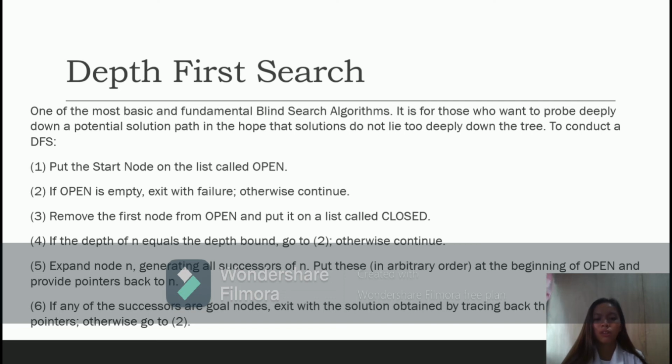Otherwise, continue. Next, expand node n, generating all successors of n. Put these in arbitrary order at the beginning of open and provide pointers back to n. Lastly, if any of the successors are goal nodes, exit with the solution obtained by tracing back through the pointers, otherwise go to 2.